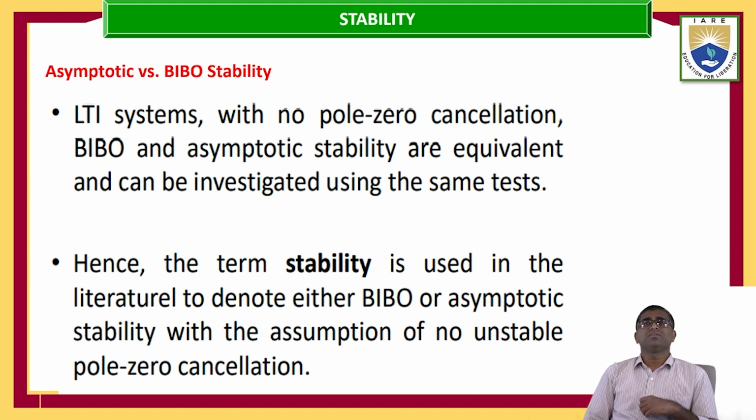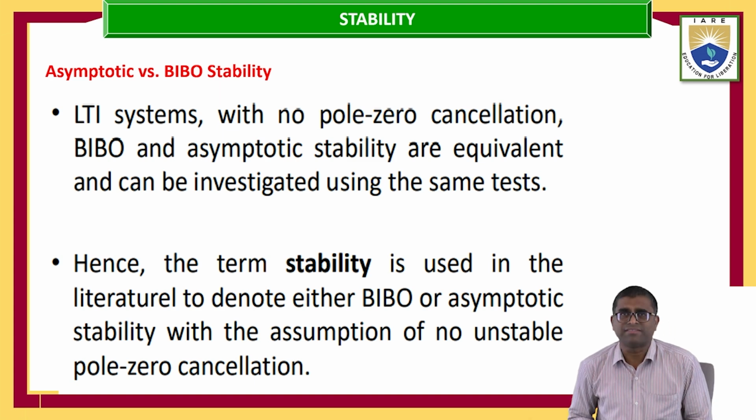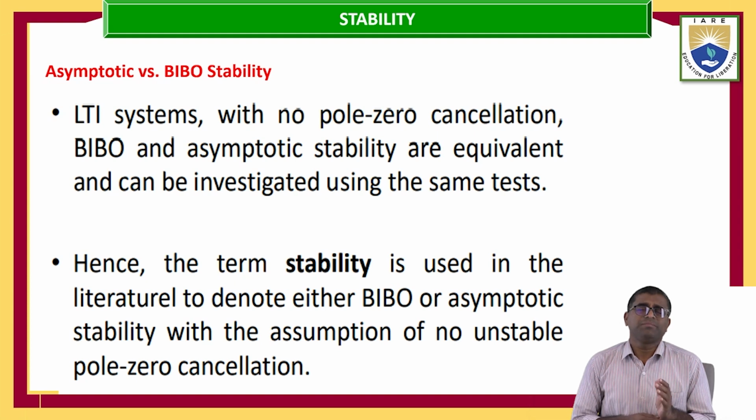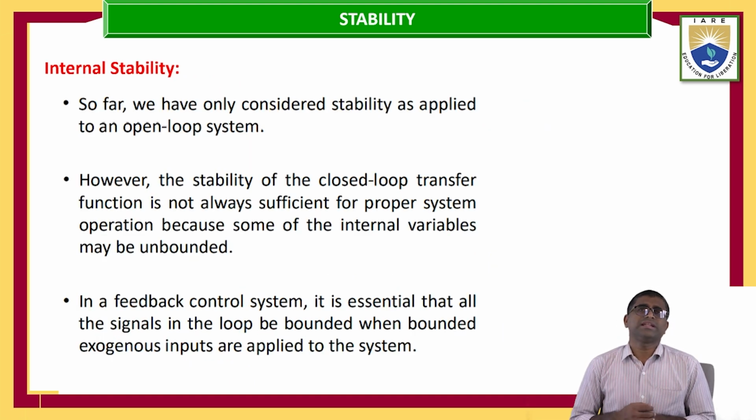This can be investigated using state space tests. Finally, stability is used to denote either BIBO or asymptotic stability, with the assumption of no unstable pole-zero cancellation. This is the basic difference between asymptotic stability and BIBO stability. We have to consider that it is an unstable cancellation in the pole-zero cancellation method. Internal stability.